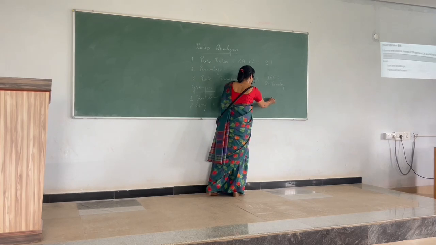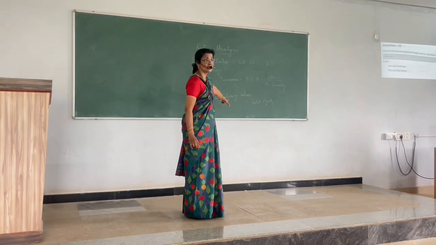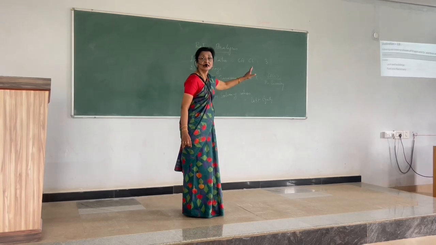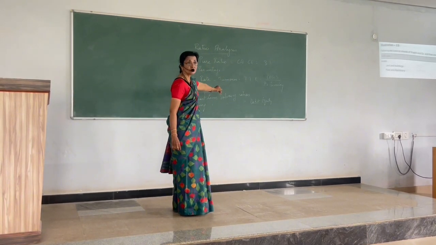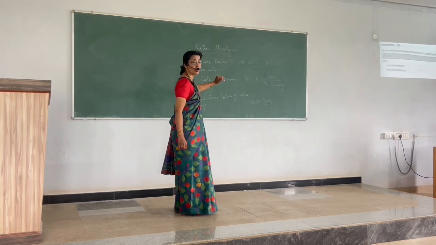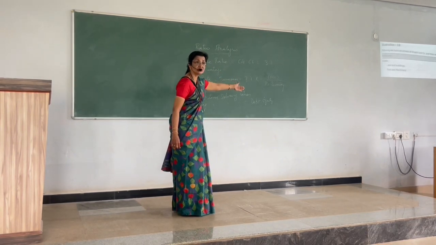Debt-equity ratio measures the relationship between the long-term debt of an organization and its equity. So long-term debt refers to debentures, long-term loans borrowed from financial institutions, bonds borrowed from the public, and equity shareholders' funds.